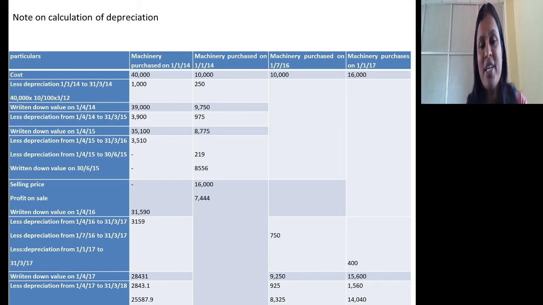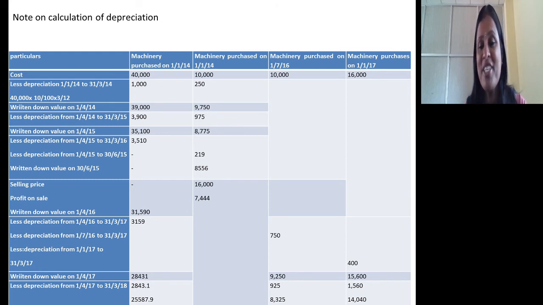Now one new machinery appears which was purchased on 1/7/2016 for 10,000. So we have to charge depreciation for this new machinery from 1/7/2016 to 31/3/2017. So 7th month, 8th month, 9th month, 10th, 11th, 12th, 1, 2, 3 means 9 months depreciation. 10,000 into 10 by 100 into 9 by 12 means 750. We will arrive at written down value.